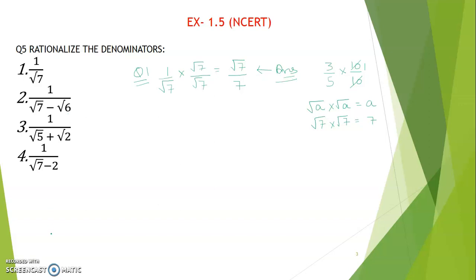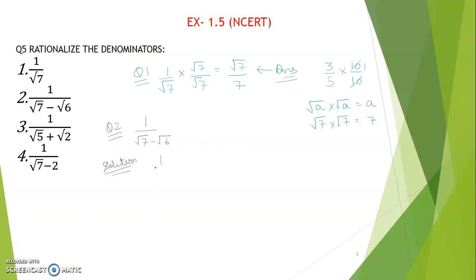Now see the second type. In this we have another question, so I'll change the ink. It will be easy for you to differentiate. In question number 2 it says 1 upon root 7 minus root 6. I told you that you have to multiply and divide by the denominator, but since here there are two terms, we will change the sign.